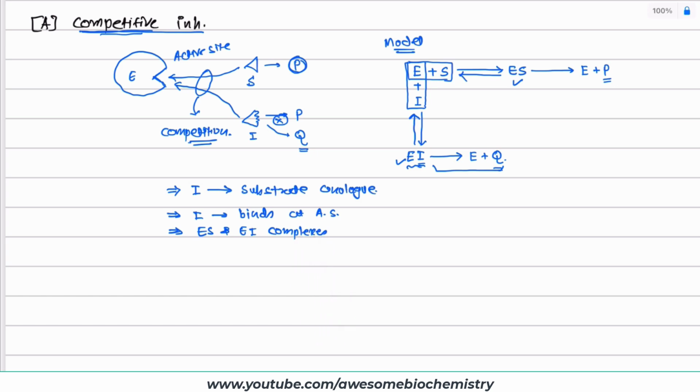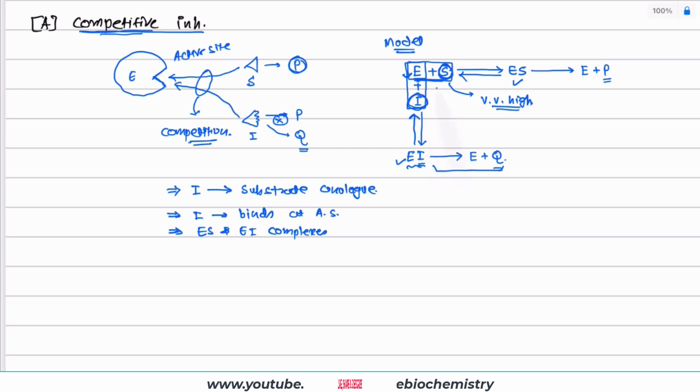Now see, as there is a continuous competition between substrate and inhibitor, what will happen if we increase the substrate concentration very high? At that time it is possible that, as the substrate concentration is very high, no inhibitor molecule can bind with the enzyme. So at that time this enzyme can show its maximum velocity.